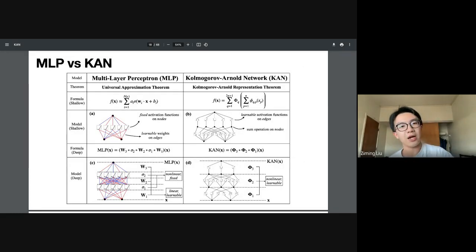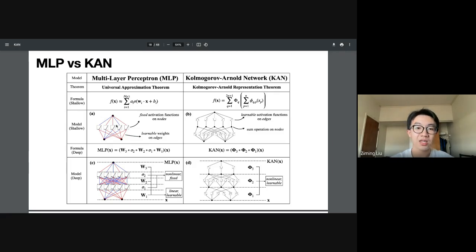So we can compare MLP and KAN side by side to get a clearer sense of what the differences are. As I said, MLP is based on the universal approximation theorem. KAN is based on the Kolmogorov-Arnold representation theorem, and their formulas are like this and this. They look completely different, but when we try to draw the diagram, you see that the diagrams look quite similar.